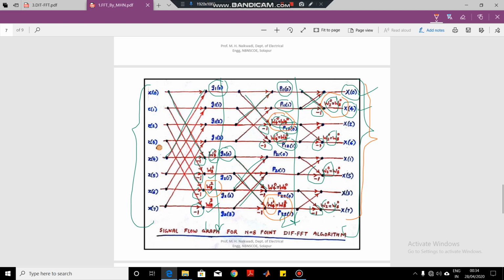But here we are not decimating in time because we are giving input in normal order. But if you see the output here, the output is decimated in frequency. So the output we are getting in the form of 0, 4, 2, 6, 1, 5, 3, 7. That means the decimation has occurred in the frequency domain. Hence this algorithm is called the decimation in frequency fast Fourier transform algorithm.